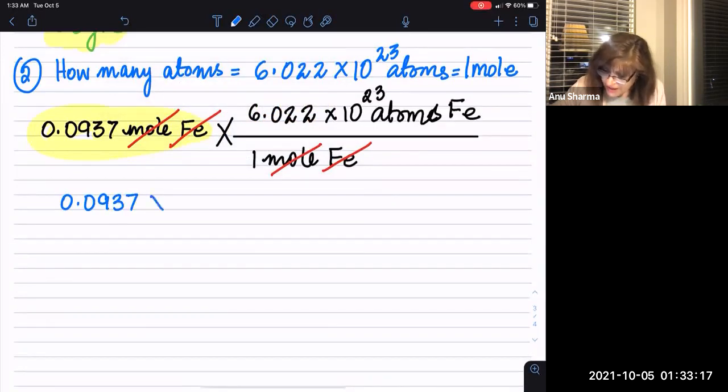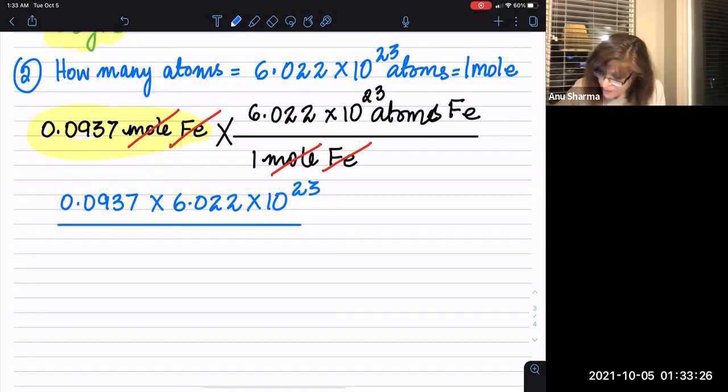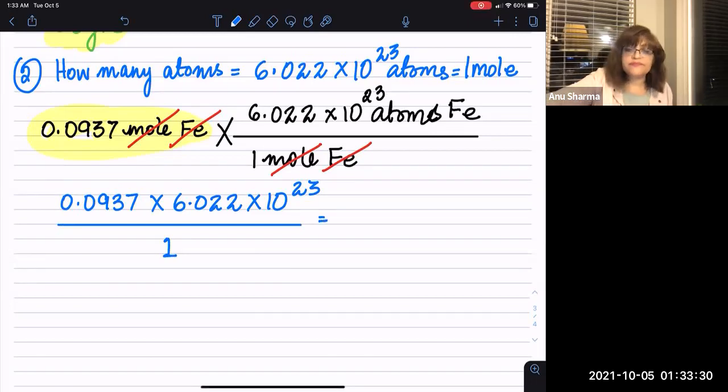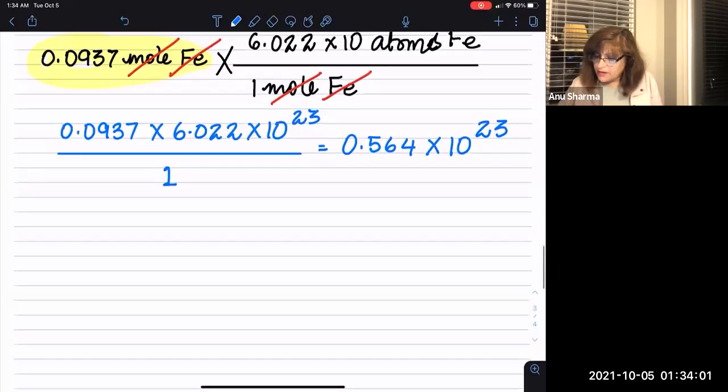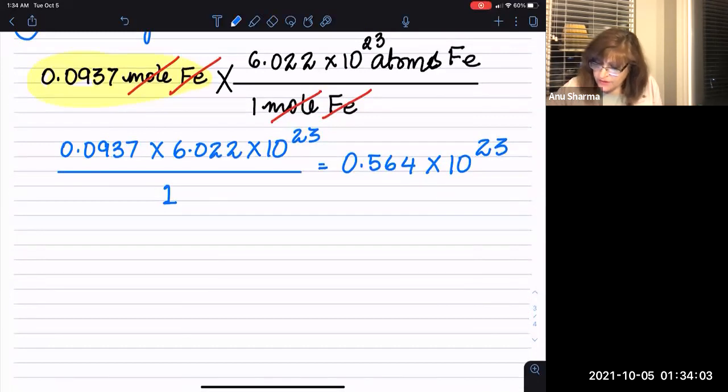So next thing you're going to do is multiply 0.0937 times 6.022 times 10 to the power 23 over 1. Let's do this math. When you do the math, you get this number. This is not in scientific notation.